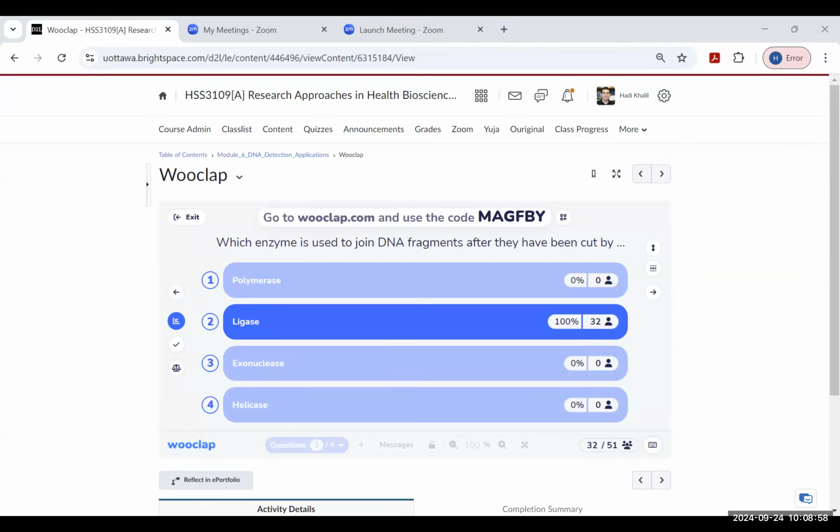Beta, what was the right answer for the question before? It was both sticky and cohesive ends.